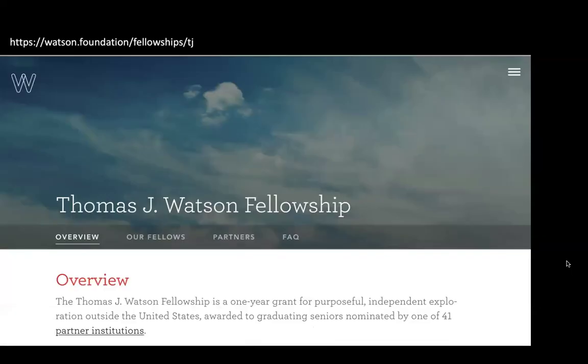Okay, the other place where you have important information is the foundation website itself, where again it describes what it is. Notice the language they use. It's a 1-year grant for purposeful, independent exploration outside of the United States. That is another thing I need to tell you, and you need to be aware of that.